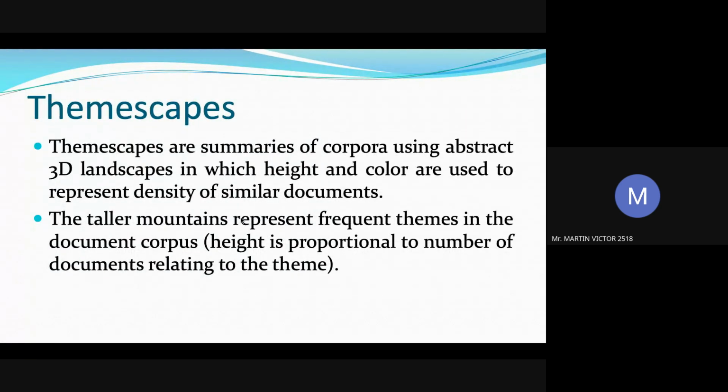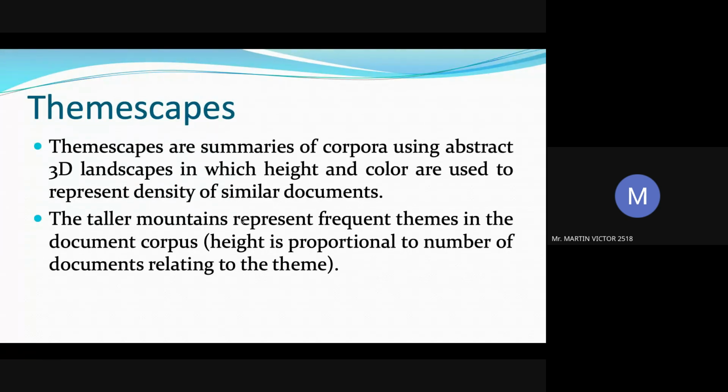The second way of document collection visualization is themescapes. Themescapes will look like a mountain-based visualization.